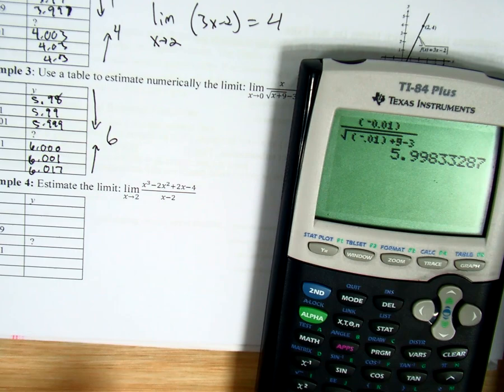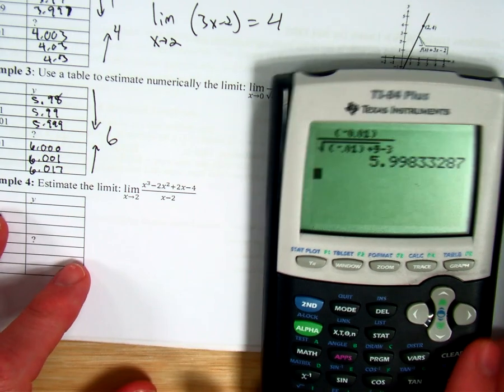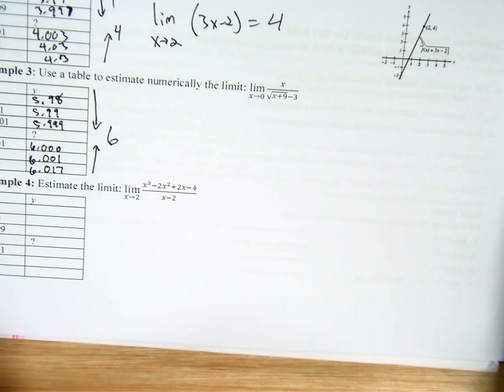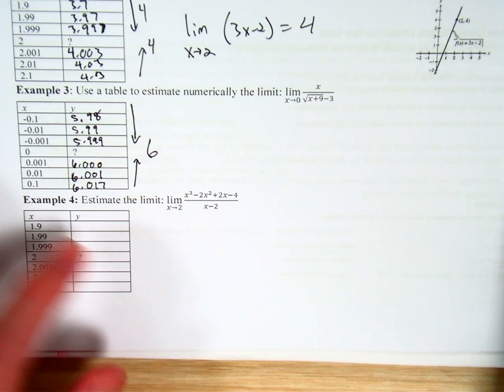There we go. Must have been something with the negatives that it didn't like. 5.998. And it's going to keep squeezing in closer to 6.